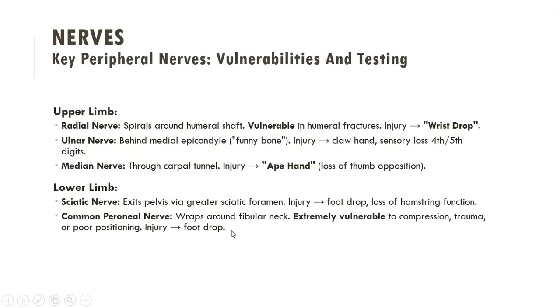These are mixed nerves. Now, key peripheral nerves with their vulnerabilities and testing. In the upper limb, you have three important nerves. The radial nerve spirals around the humeral shaft, so it is vulnerable in humeral fracture, and whenever there is injury to the radial nerve, there will be wrist drop.